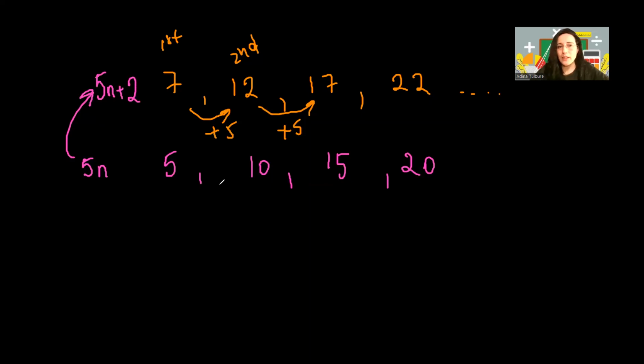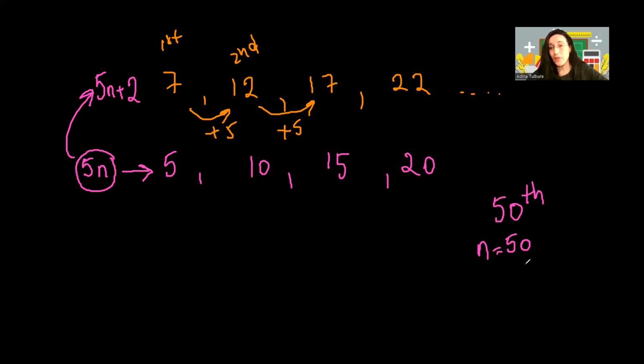Okay, right. But if 5n is the formula for this sequence, the position to term rule, or the nth term, what will be the 50th term? So the 50th term means n is 50 because that's the 50th. n is the position of the term, so n is 50 because we are trying to find the 50th term.